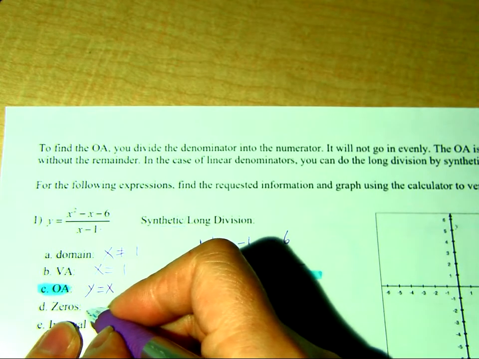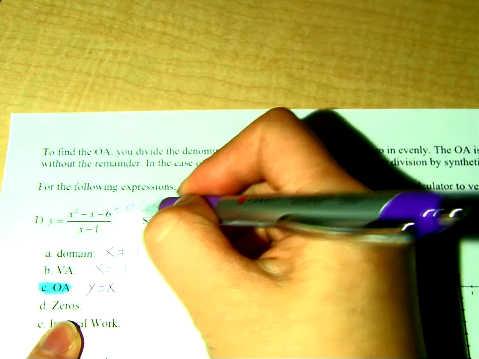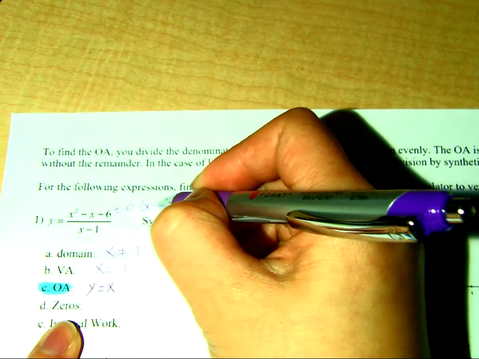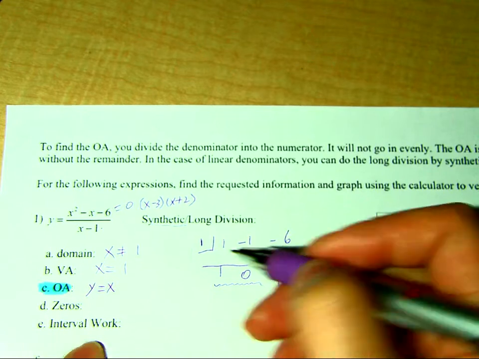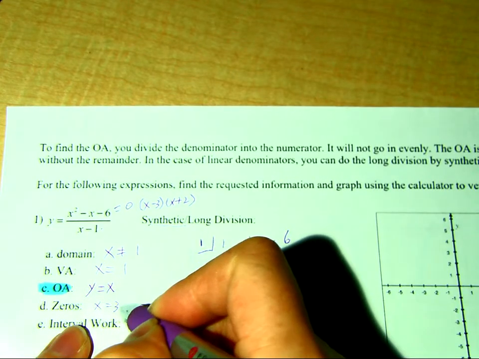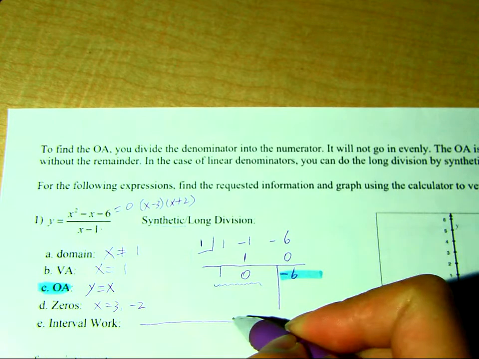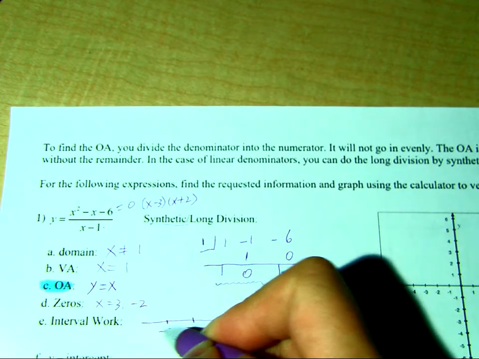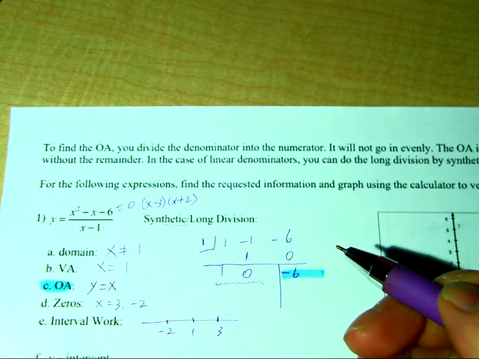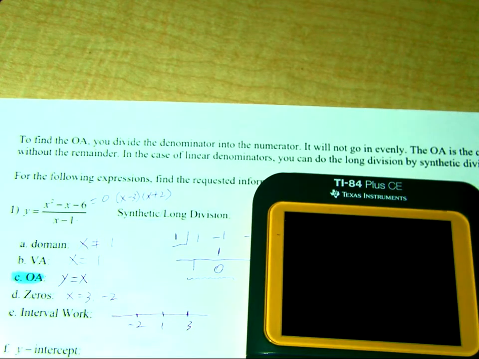And the zeros, we make the numerator equal to 0. So we can factor this into x minus 3 and x plus 2. So your zeros will be 3 and -2. And the interval work is the same thing: VA and the zeros. Also, we can use a calculator to find this.